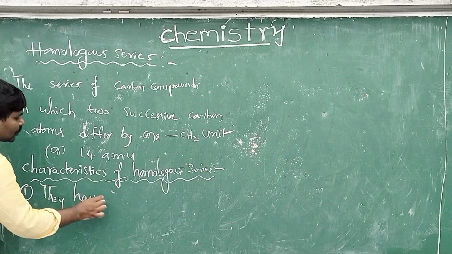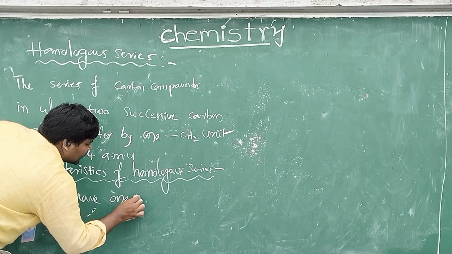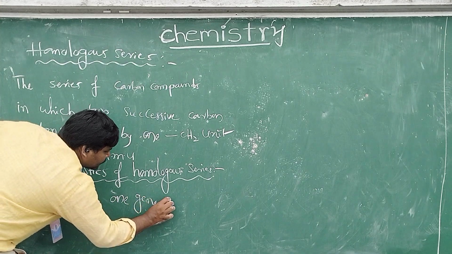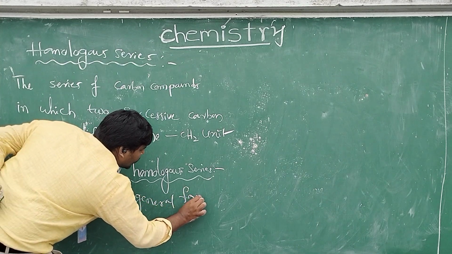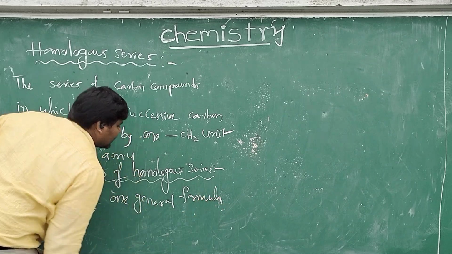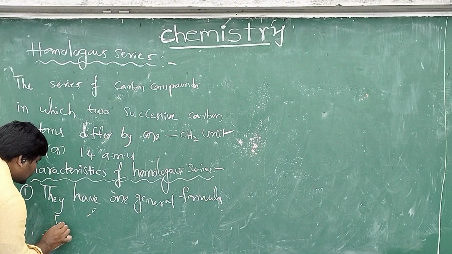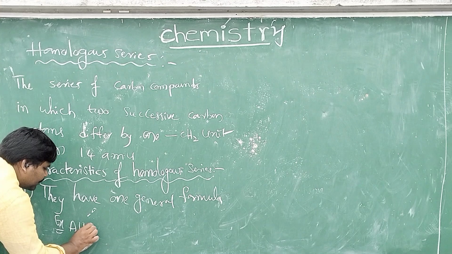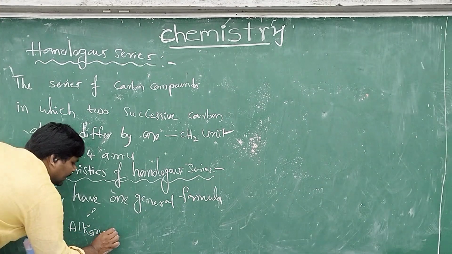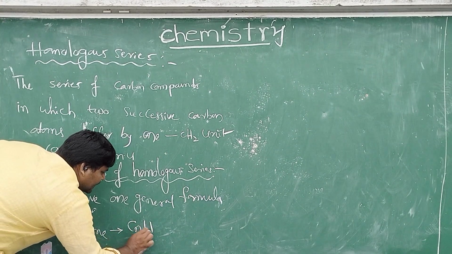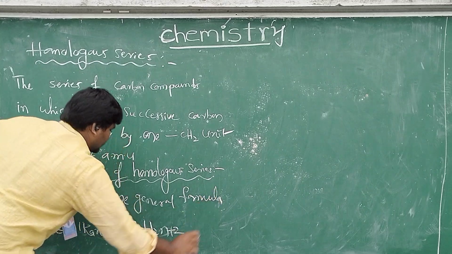For example, if you take alkane, the general formula of alkane is CnH2n+2.